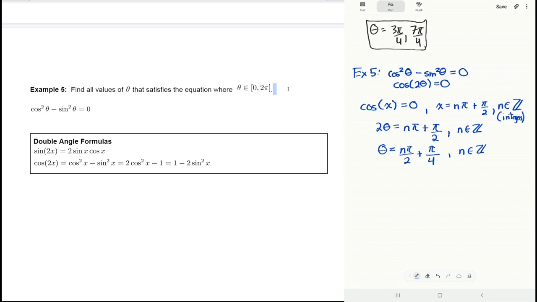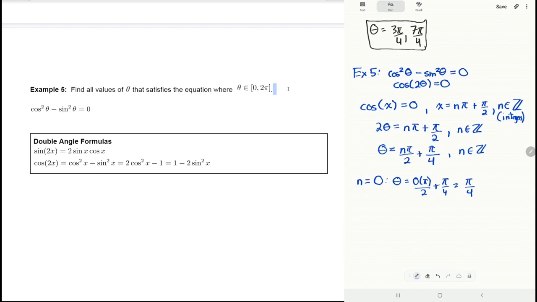The first angle that we'll get is obtained if we let n equal 0. So if n equals 0, then theta is going to be 0 times pi over 2 plus pi over 4, which is pi over 4.